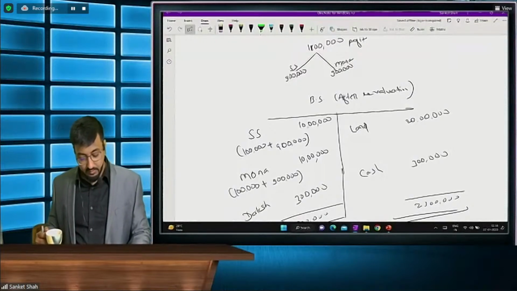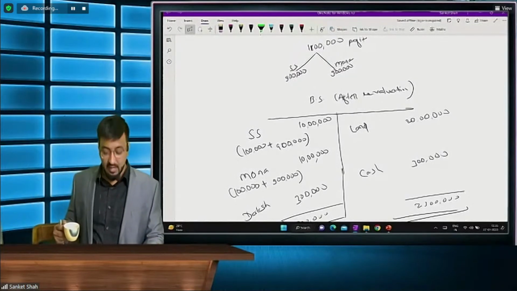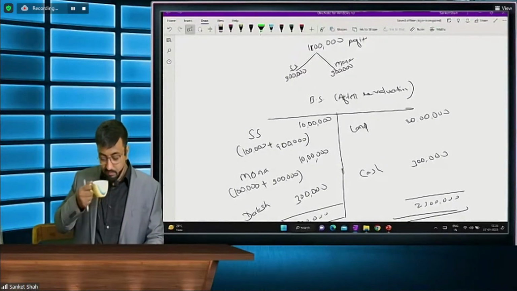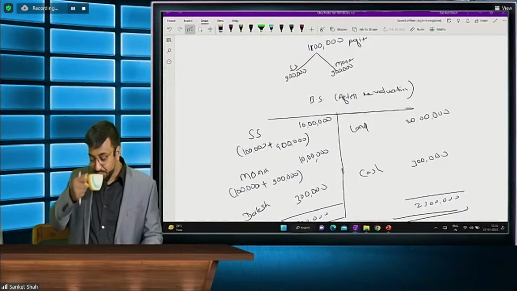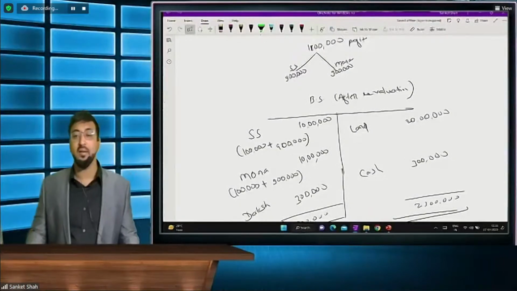Yes, beta. Cash brought by Daksh is 3 lakhs. Very good, Kevin. Very good. Shreya Tiwari answered. All partners in old ratio.